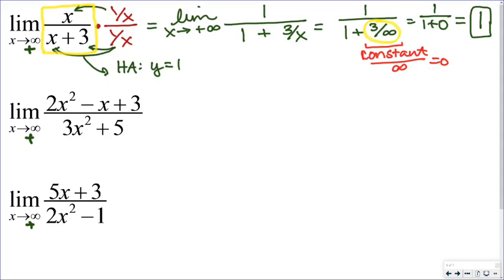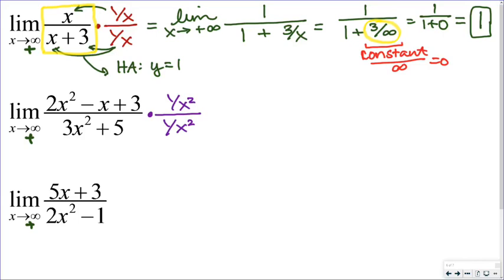Okay, second problem here. The limit as x approaches positive infinity of 2x squared minus x plus 3 over 3x squared plus 5. The highest power of x in the denominator is x squared, so I'm going to divide each term by x squared.